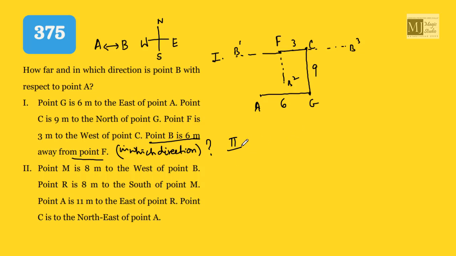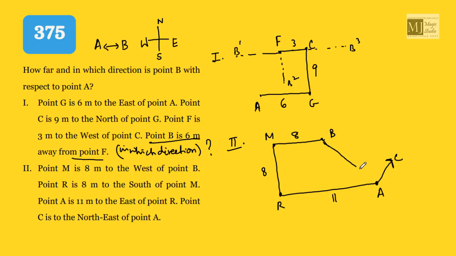Let's try with statement 2. Point M is 8 meter to the west of point B. Where it is with respect to A hardly matters, because we need the distance between B and A. That can be calculated now, because it will give us a right angle triangle like this of 8, and this would be 3. We can find the distance.